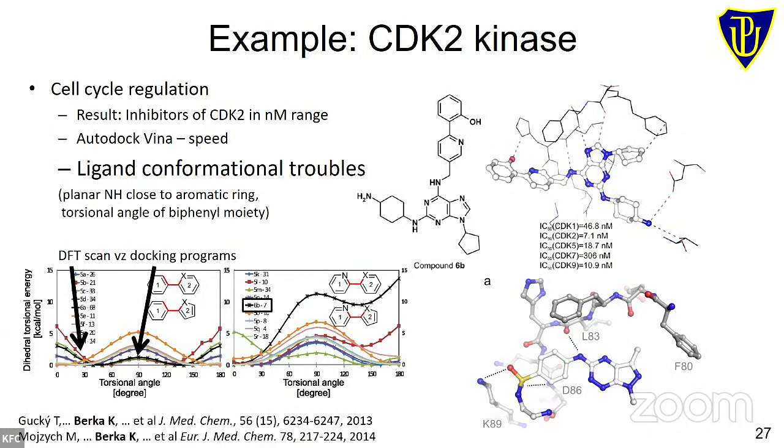And this is an example from our past as well, where we found this type of molecule, biphenyl, bound to the purine moiety. When we did not think about that, we got completely rubbish results all the time, because we get these 90 degrees.